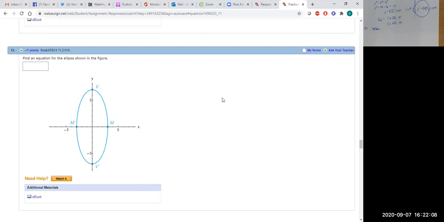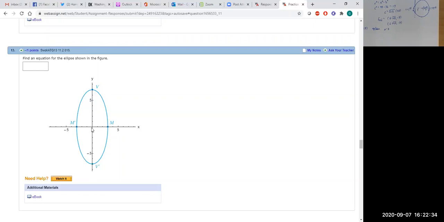So if I look at the tick marks and I'm very careful, it looks like in this graph, each tick mark is 1. So it looks like the vertices are 0, 7, and 0, -7. Although really, you know what the key is? I really want to know the distance a. a is the distance from the center to the vertex. So really, a is 7.